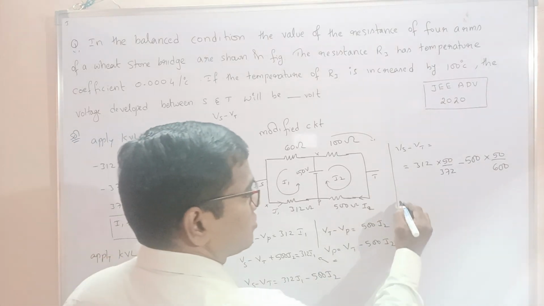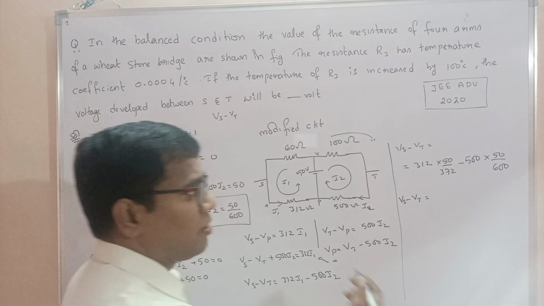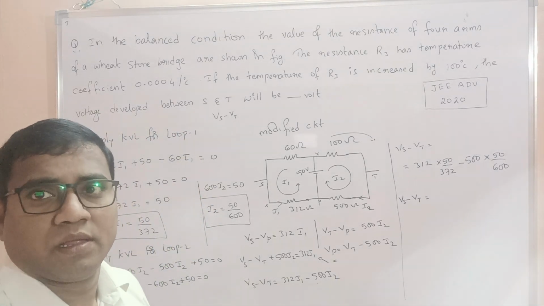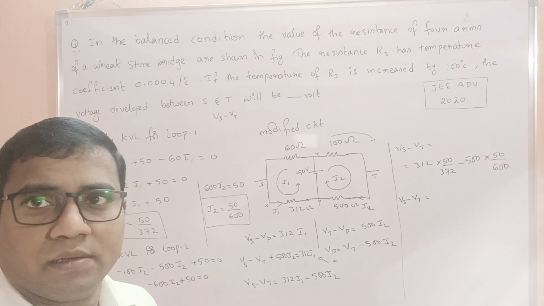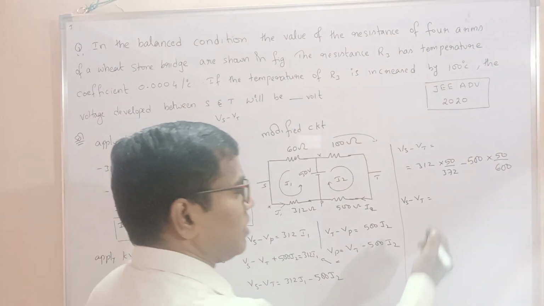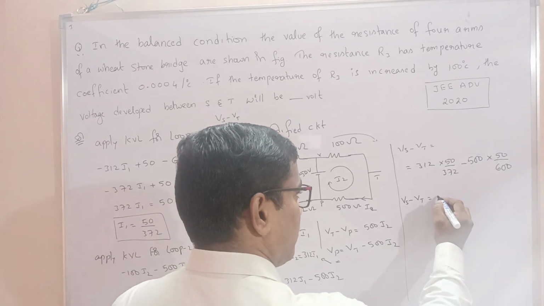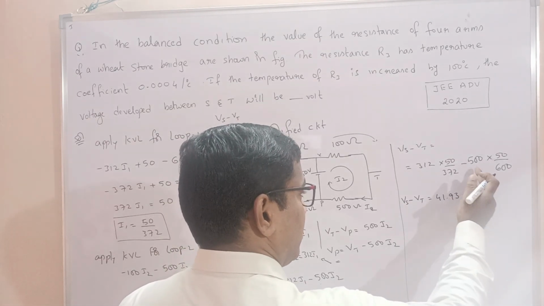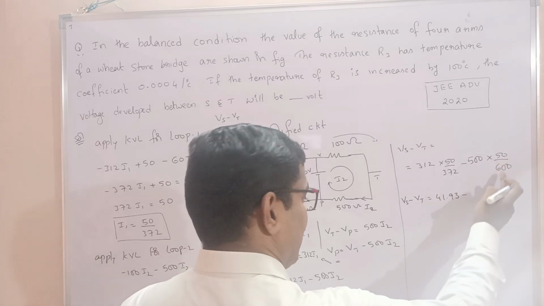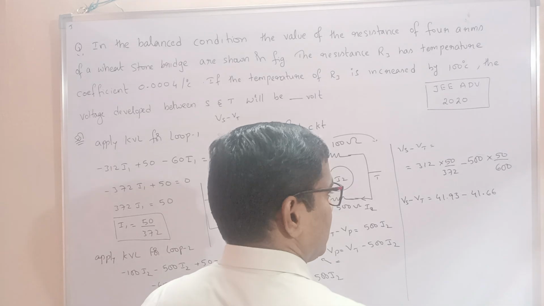Now we have to calculate. If you calculate 312 into 50 by 372, you will get 41.93, minus, if you calculate 500 into 50 by 600, you will get 41.66.